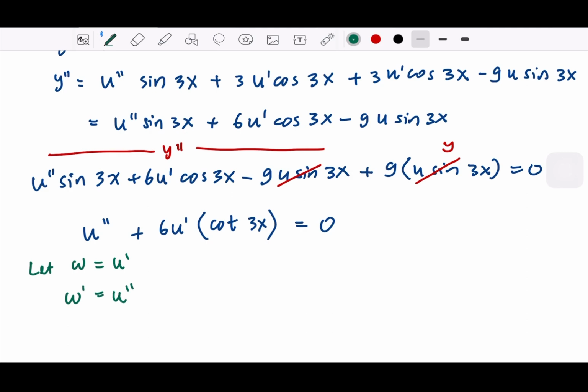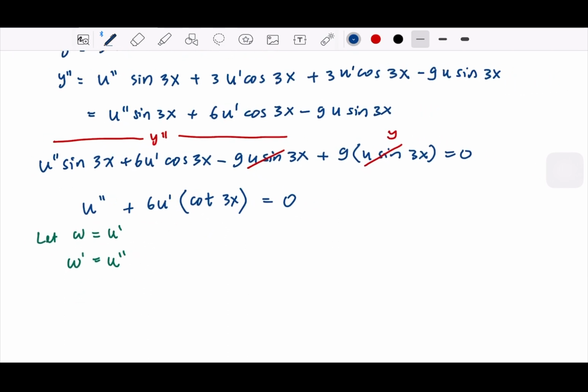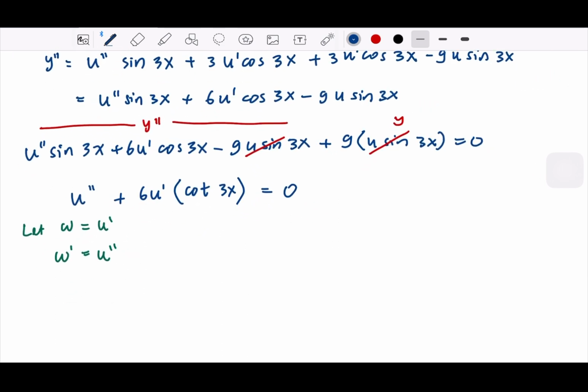So we can write down our equation. w prime plus 6, let me write cotangent in the front, and then u prime becomes w, and equal to 0. So we can make out our product form.